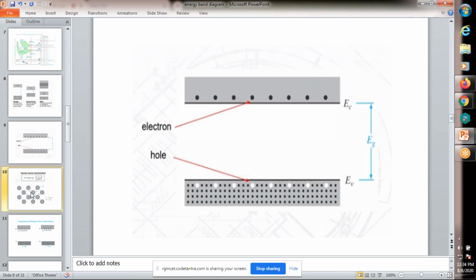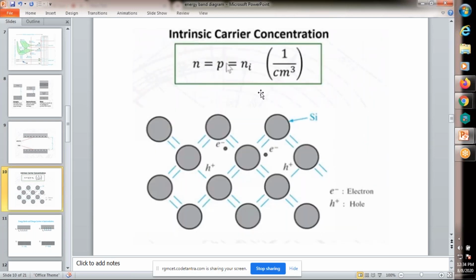Now, as already discussed, in an intrinsic semiconductor the number of holes is equal to the number of electrons. Observe here, one electron is available here and one hole is available here, so the number of electrons is equal to the number of holes. Similarly, one electron is available here and there is one hole here. In total, in this case there are 2 electrons and 2 holes.